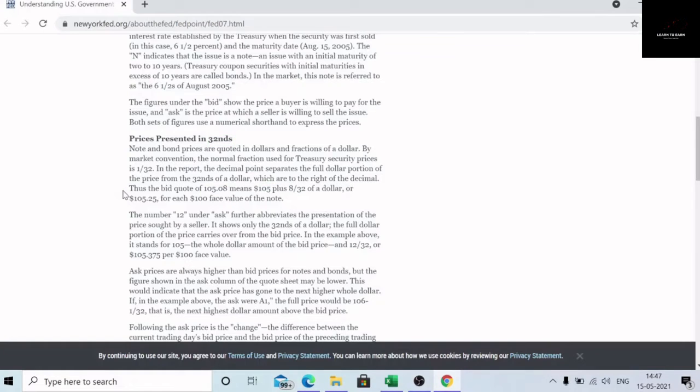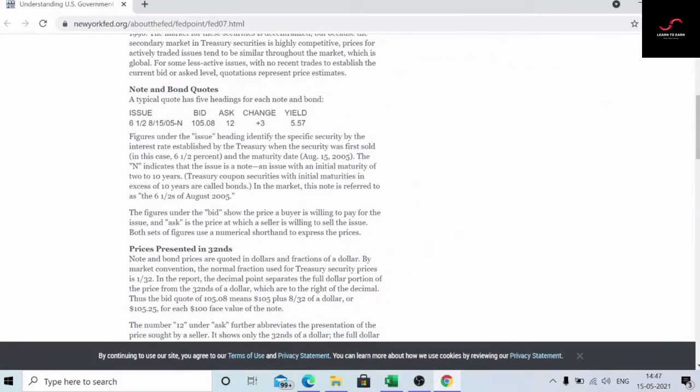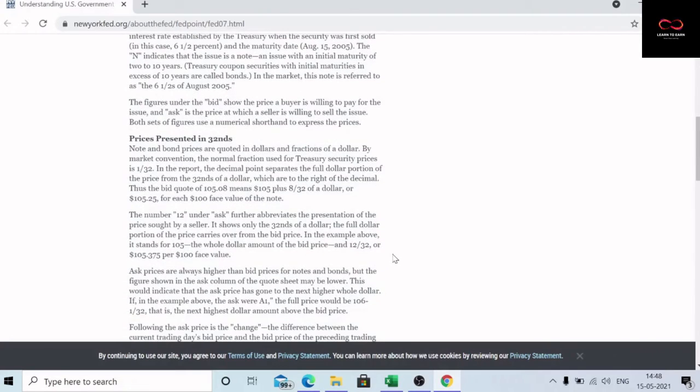When you divide 8 by 32, it will fetch you 0.25. So the exact price is 105.25. Even though the market is quoting 105.08, the price in dollar terms is 105.25, not $105.08.